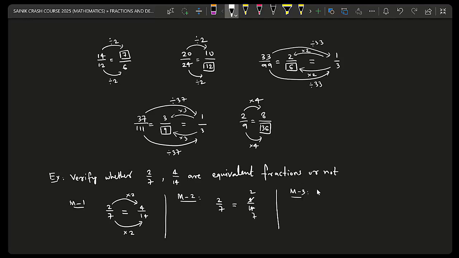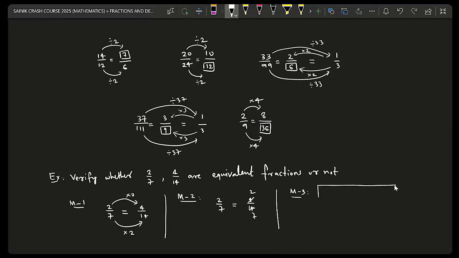Anyone? Abhyuday, can you answer? Abhyuday, any other method you know? Sir, drawing figures. Yes, that is also a very good method. For some questions, we can draw the figures and get the answers also.